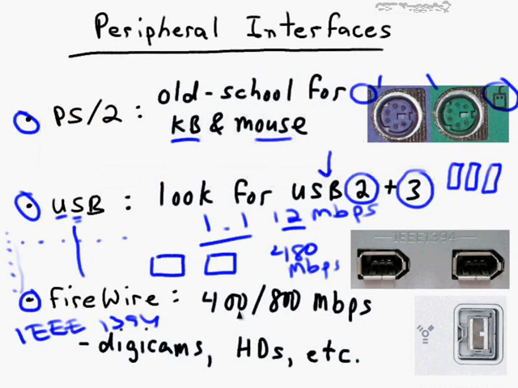Neat thing about FireWire, there's actually quite a few things that are neat about it, is number one, its speed is very good. The original FireWire, what's called FireWire 400, that's what these interfaces are over here, is comparable but slower than USB 2. However, the faster spec, FireWire 800, which you see over here, is 800 megabits per second. That's a little less than double the speed of USB 2.